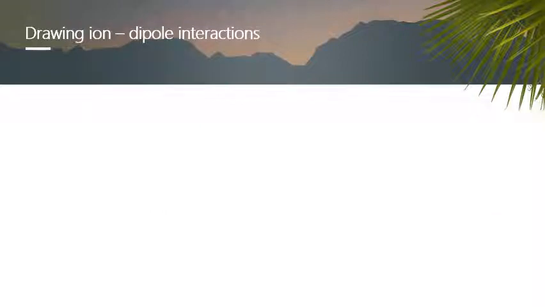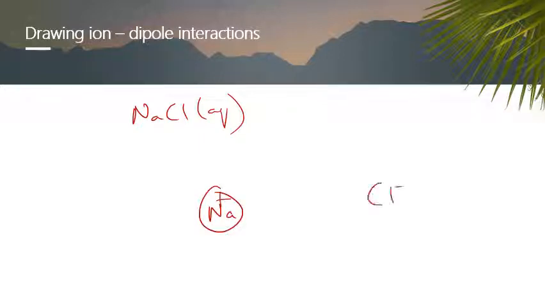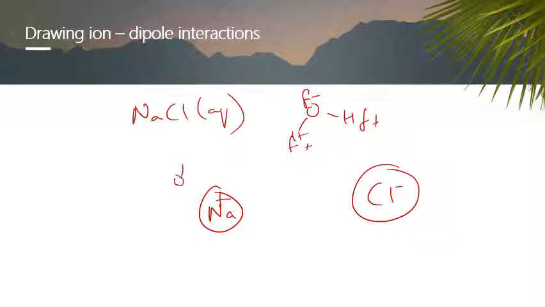How do we draw ion-dipole interactions? For example, NaCl aqueous. Well, first we split it up to the Na plus, Cl minus. Now we know water looks like this. The oxygen is minus, hydrogen is plus. So Na is plus, obviously the oxygen will point towards it.